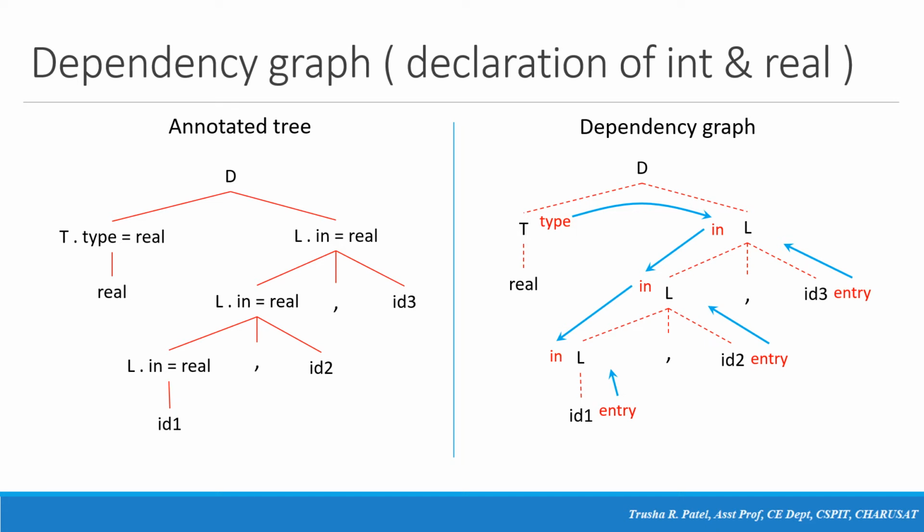So there is an arrow from the first layer to the second layer to the third layer. And the entries of the respective identifiers were dependent on the L.in entries. So there are arrows from the IDs to L. Again, these blue color arrows indicate the dependency graph.